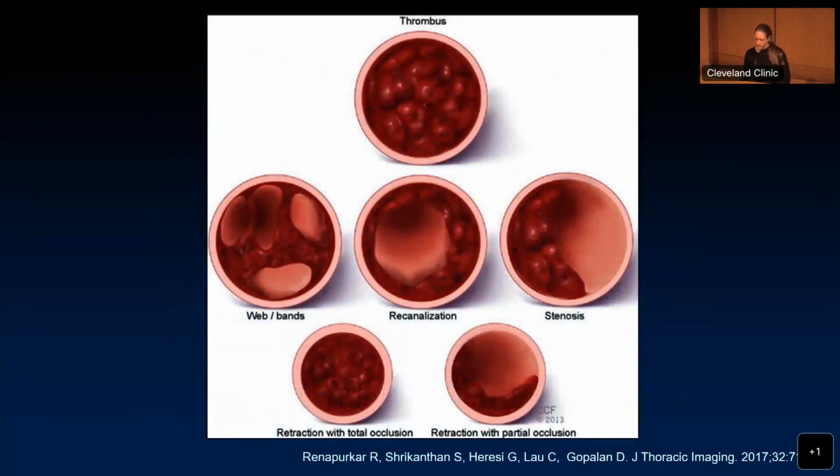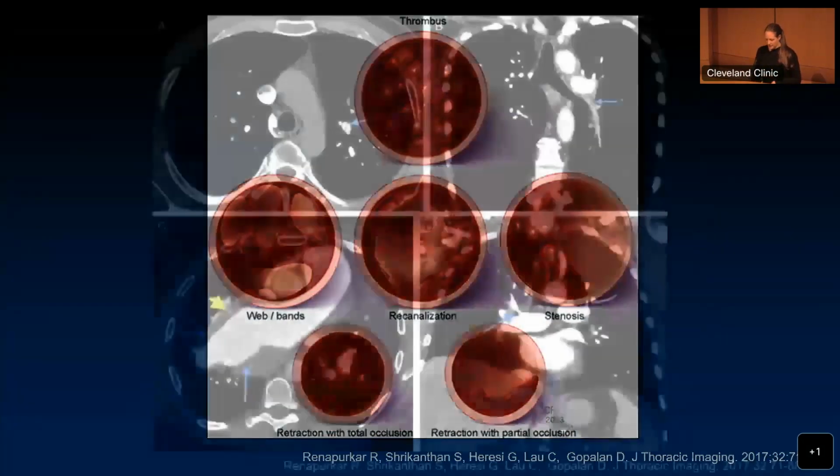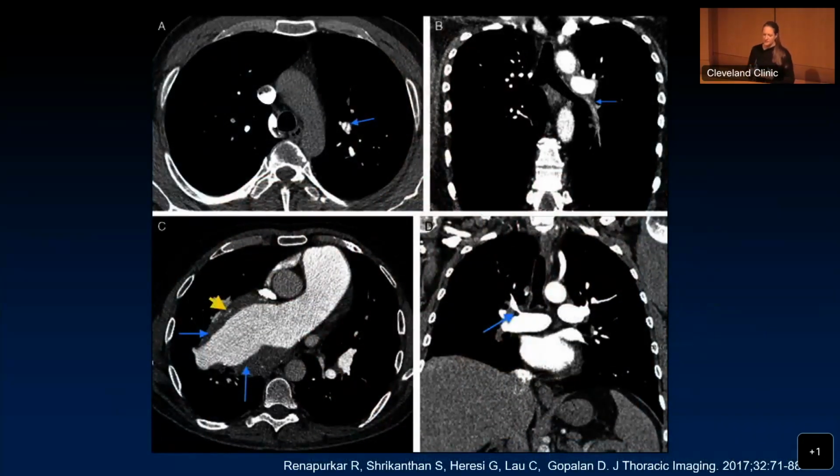So there's a variety of abnormalities that can result in abnormal radiology. So patients can have frank thrombus, they can have webs, they can have recanalization of the chronic thrombi, stenosis. And actually what ends up happening on CT when you see some of these things is sometimes you're actually looking for the absence of blood vessels as opposed to the presence of these findings.